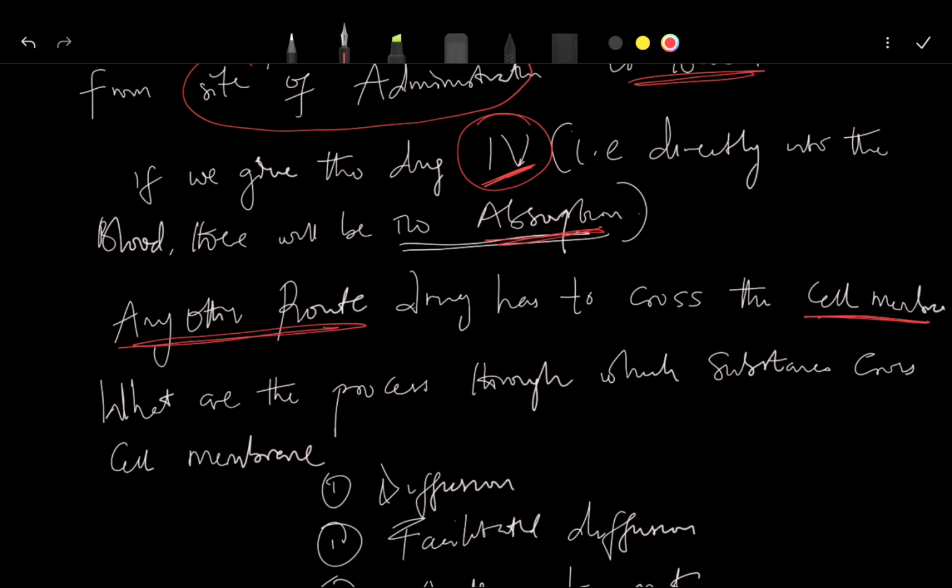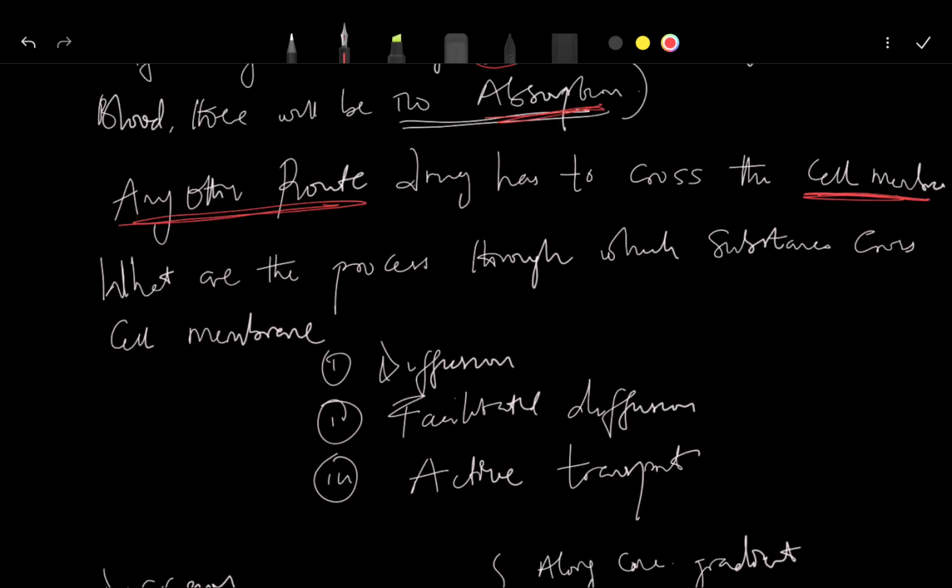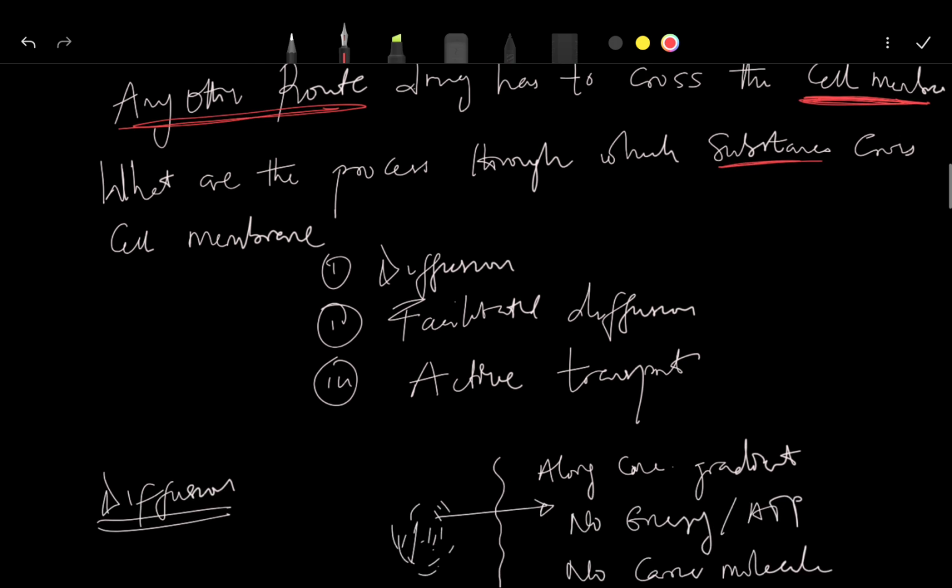Those layers of barrier are what we call the cell membrane, because the cell membrane is a major barrier. So what are the processes by which these substances pass through this barrier? Now there are three main processes: diffusion, facilitated diffusion, and active transport.